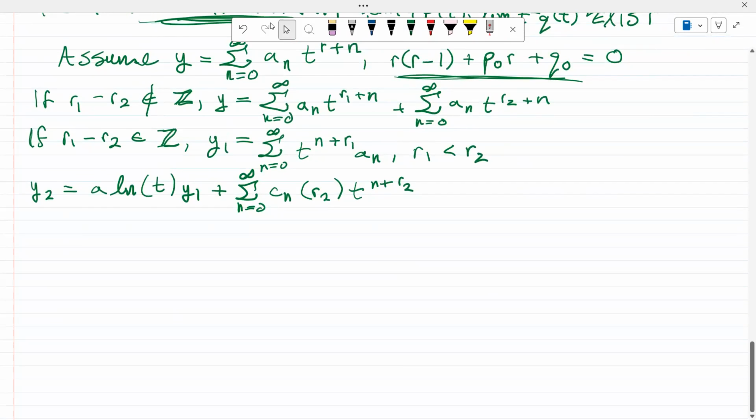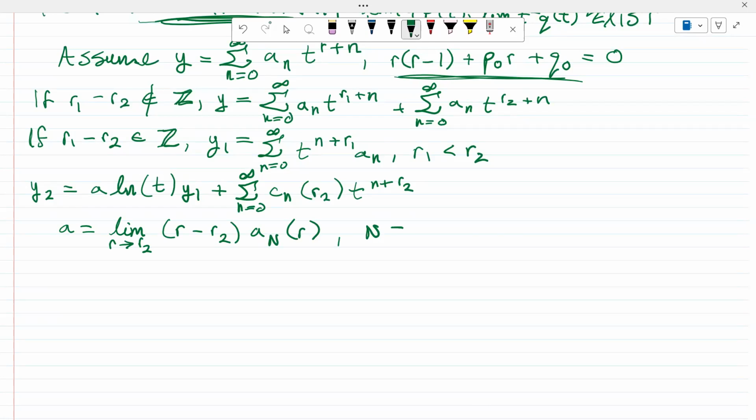And now this constant a is just equal to the limit as r approaches r2 of r minus r2 times a capital N of r, where N is equal to r1 minus r2.